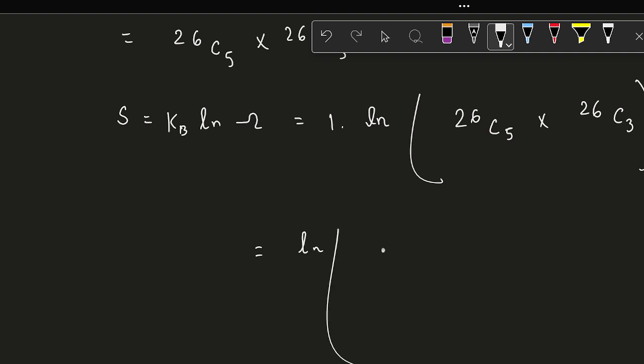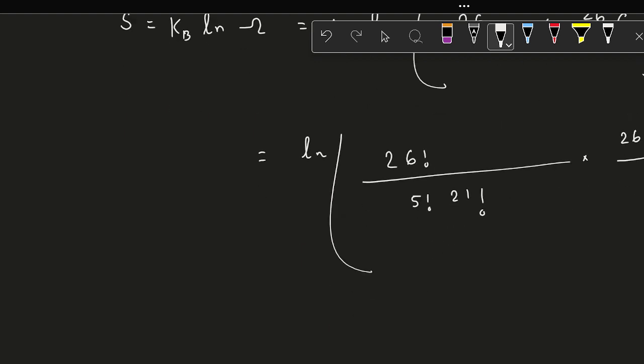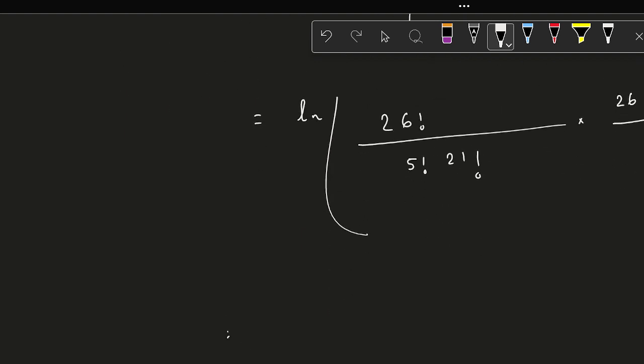We can try to simplify this, that it is 26 factorial, then 5 factorial, 21 factorial multiplied by 26 factorial, 3 factorial, 23 factorial. So let us try to simplify the thing a bit. 26 factorial can be written as 26 into 25 into 24 into 23 factorial.